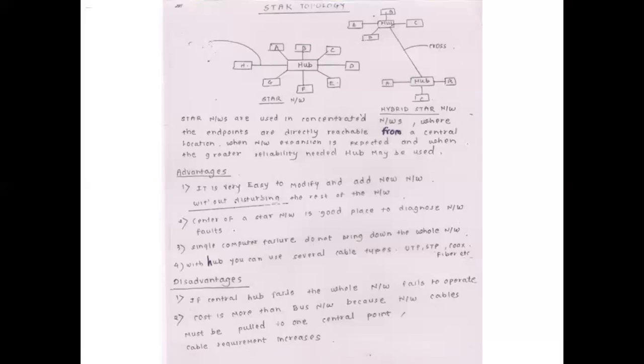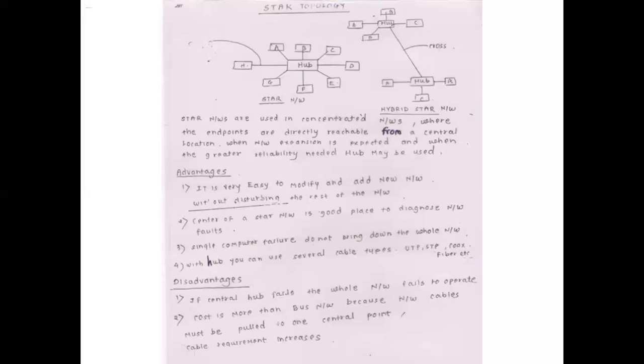But nowadays, nobody is using a hub. A hub is basically a layer 1 device which is less costly, but because of it the network slows down. Instead, nowadays everybody is using a layer 2 switch, so the speed of communication increases and multiplexed data communication is possible. Now let us see the advantages of this star type of topology.